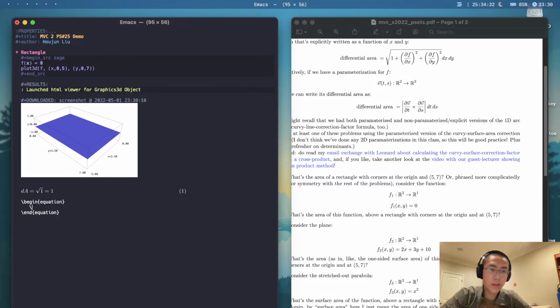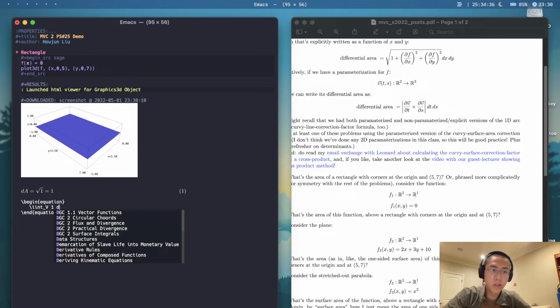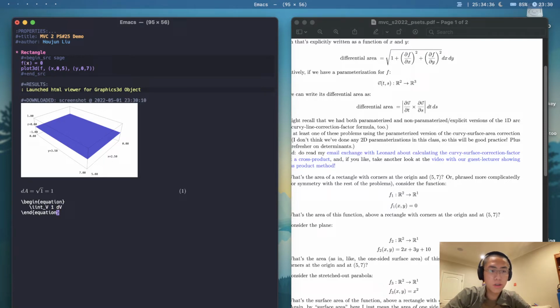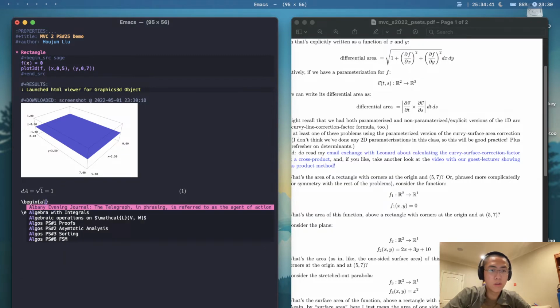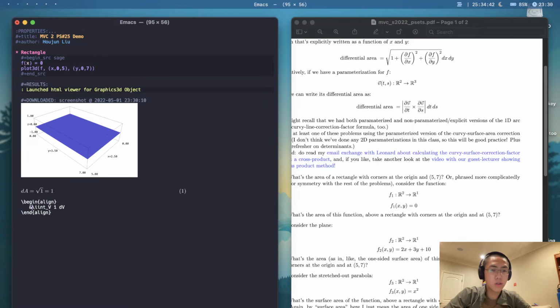And so then finally, the integral is just the integral over the volume of 1 dV, which is also just equal to the integral from the bounds, in this case 0 to 5, 0 to 7, dx dy, and that indeed is 5 times 7, that's 35.